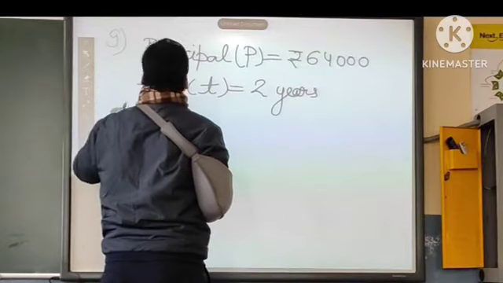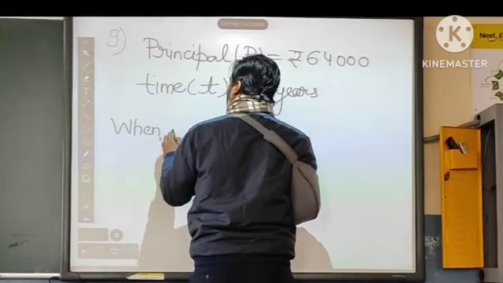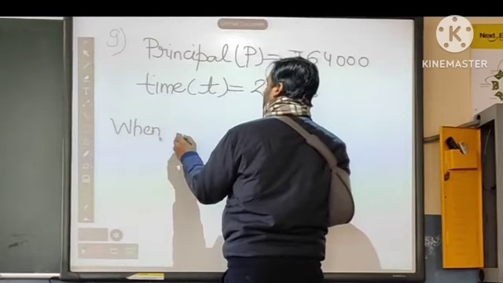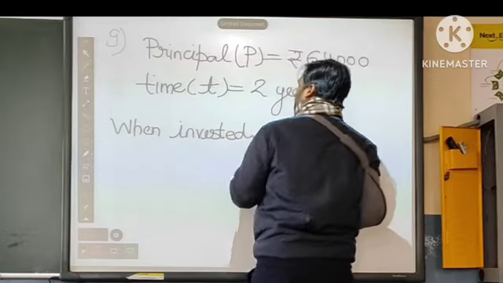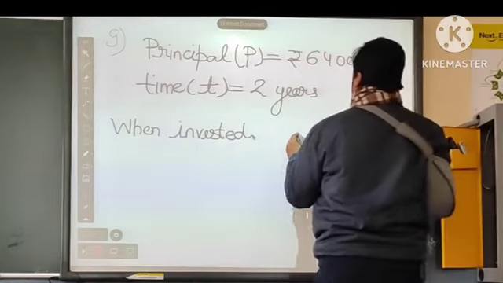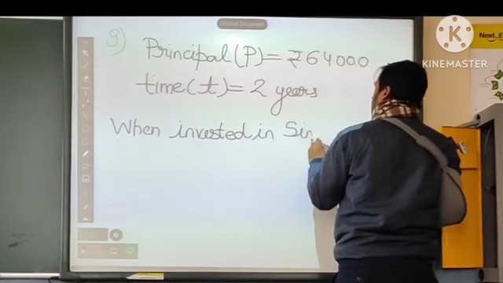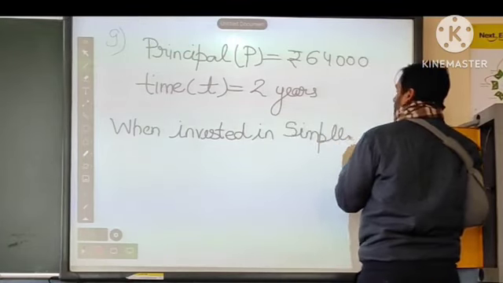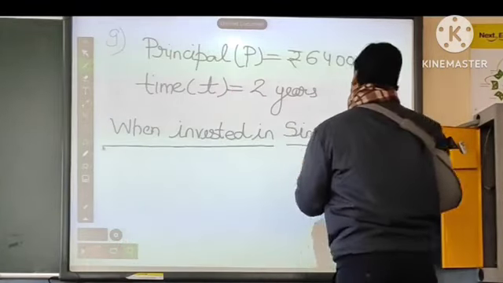Make two blocks here, two columns here. So right here, when invested, how much in simple interest?